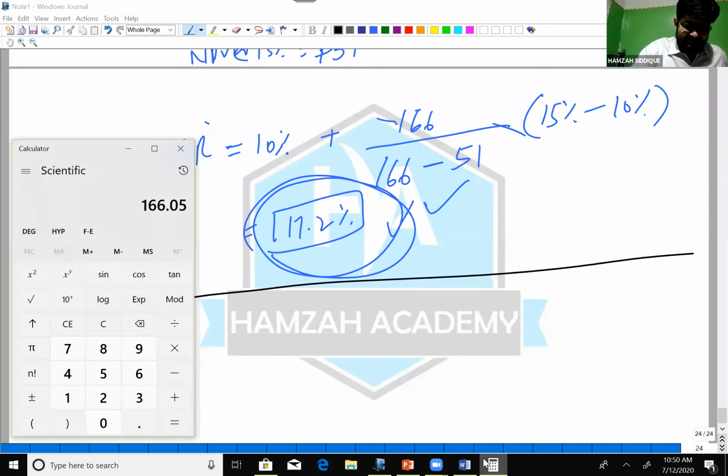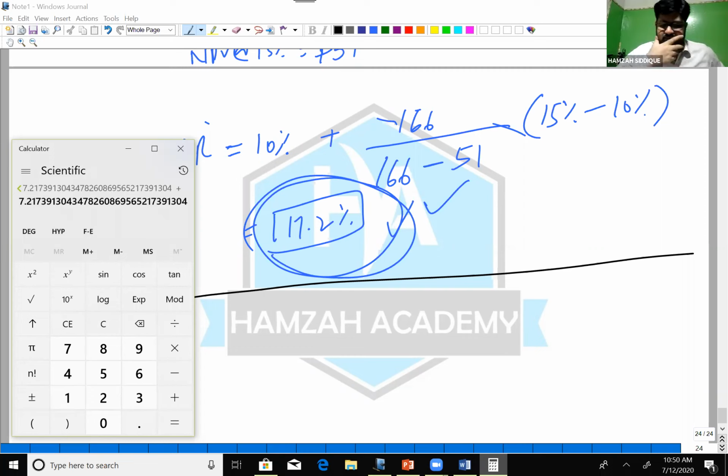Now you see here: divided by 166 minus 51 equal sign, multiplied by 5, 7.2 plus 10. Here it is. Is it clear now?